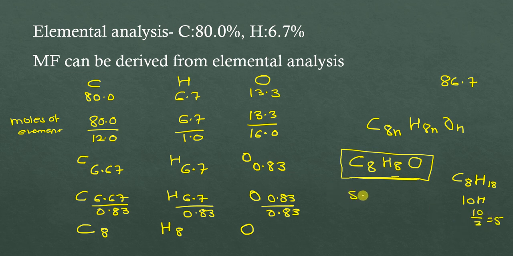So the site of unsaturation for this compound is around 5. This is matching with our preliminary observation. It may contain one benzene ring, so 4 sites of unsaturation for the benzene ring, and one alkene, so one site of unsaturation for the alkene. So it's matching with the preliminary observation, and we can continue with this, right?